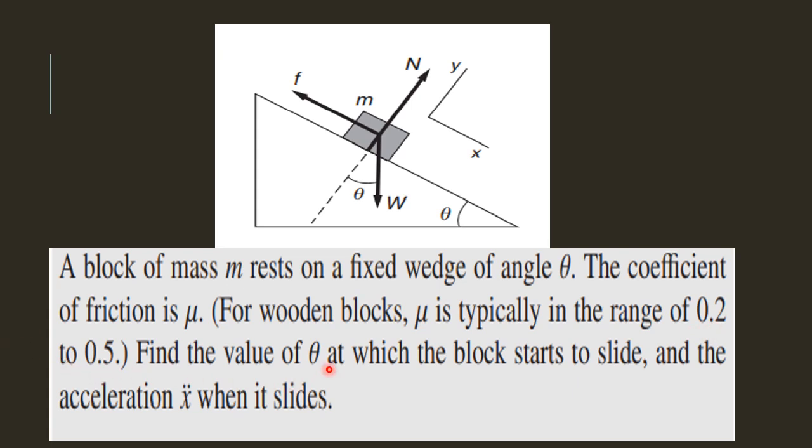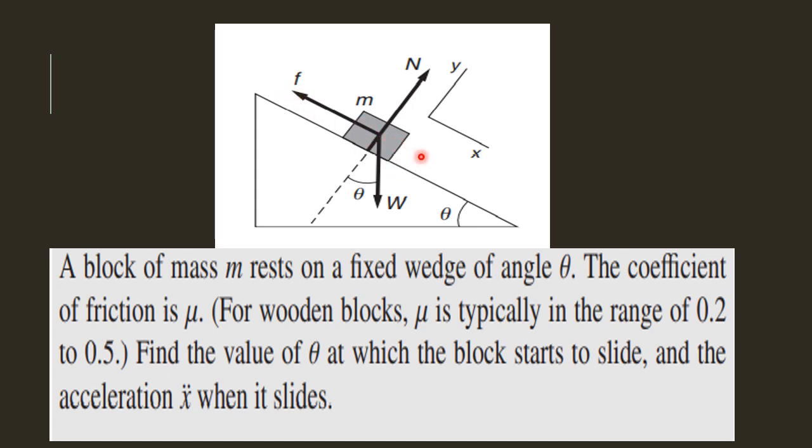So we have to find the value of theta at which the block starts to slide and the acceleration x double dot, which is the acceleration along the x direction when it starts sliding. So this is our mass m resting on a wedge of angle theta, and here w is the weight of the block, and here too this angle theta, and this F is the friction acting opposite to the direction of motion.